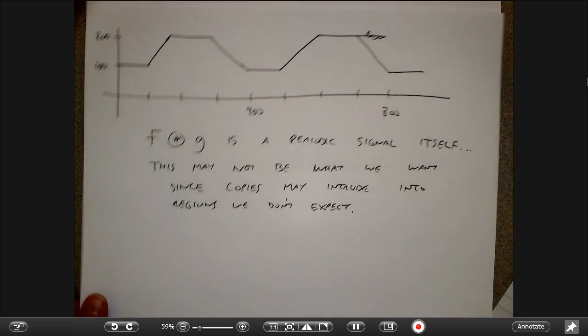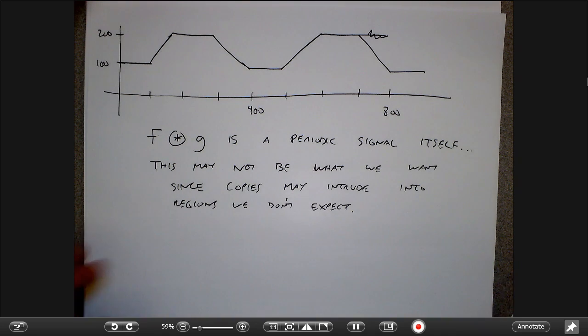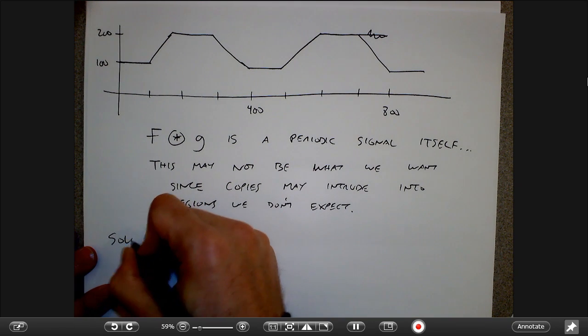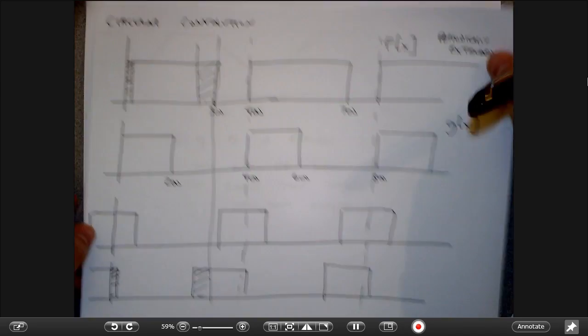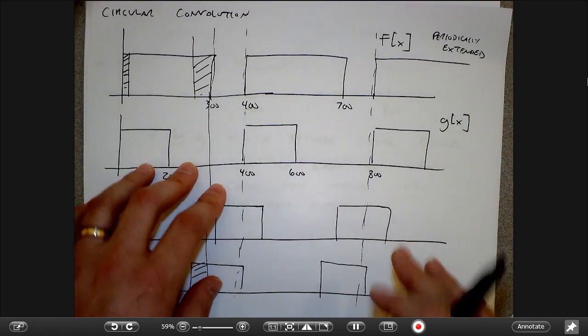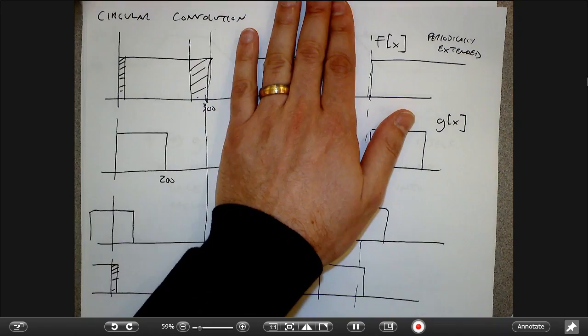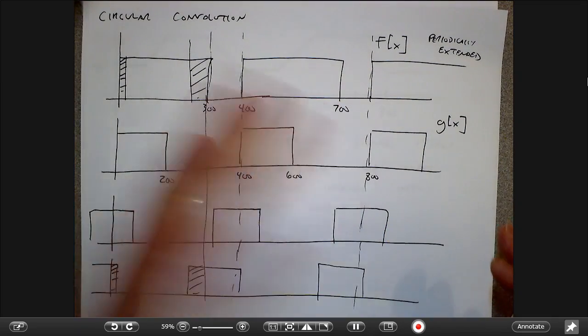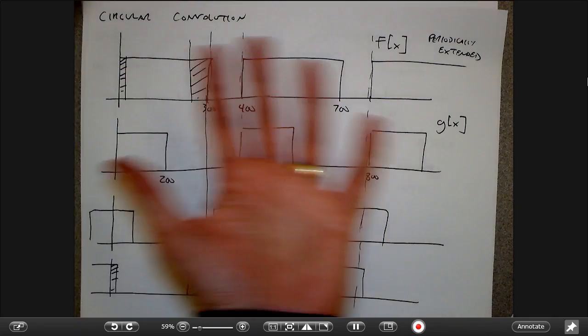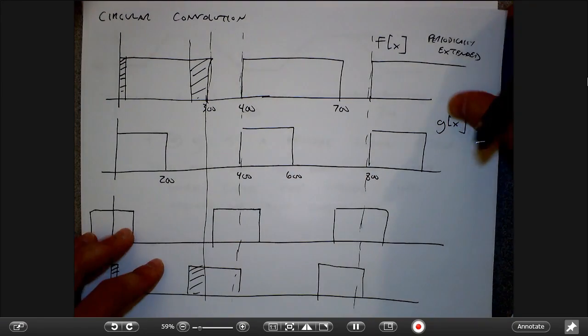And so the solution to this problem, which we talked about in DSP, is that if I were to take these signals and extend them far enough, so instead of imagining that the period of the signal is 400, if I imagined it was something like 700 instead, then when I flip the copies around, I would never have any extra overlap that would cause me any problems.